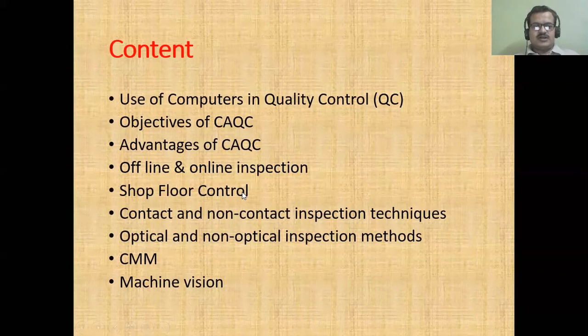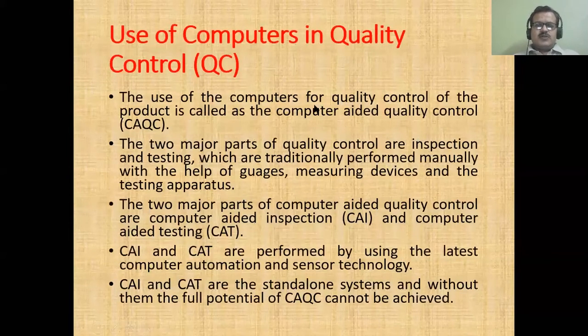We have already started with order release, order progress and order scheduling. Then we shall be discussing non-contact and contact type of inspection technique, then non-optical and optical inspection methods, coordinate measuring machines and machine vision. I will just brief what we discussed yesterday so that you have continuity in our discussion.